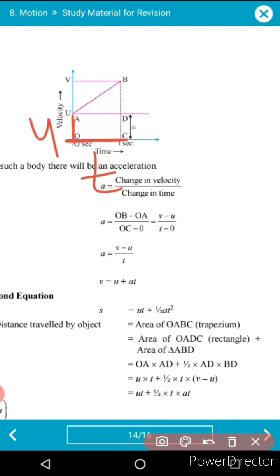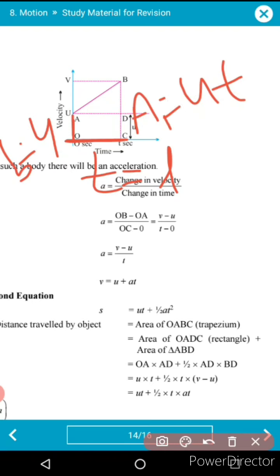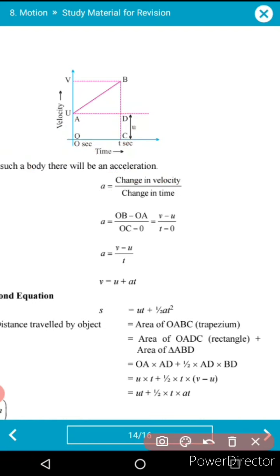The area of the rectangle is length into breadth, so ut will be the area of this first portion. Now I have to calculate the area of the second portion, and after that I have to sum both the areas. The second portion will be representing a triangle. So what is the area of a triangle?